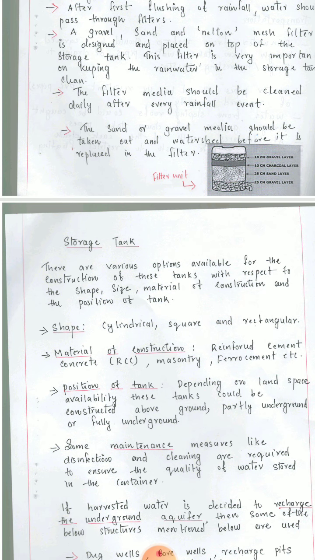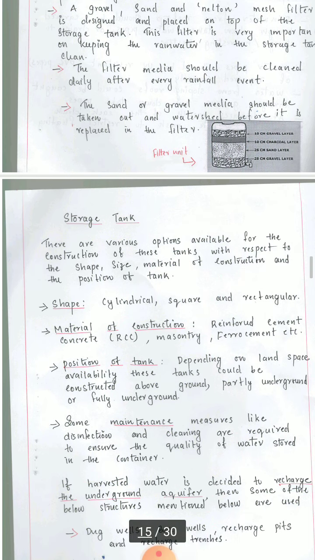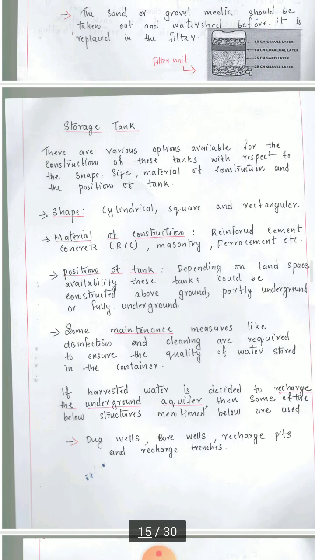The image shows the different layers. The first layer at the bottom is gravel. The second layer above that is the sand layer, up to 25 centimeters. Next comes the charcoal layer, up to 10 centimeters, and after that a gravel layer of 10 centimeters. In this way, gravel and sand along with charcoal are used alternately in order to filter the water.